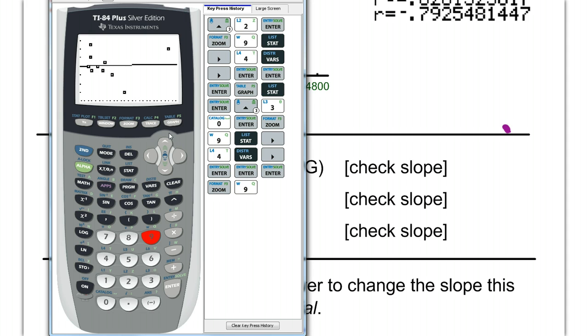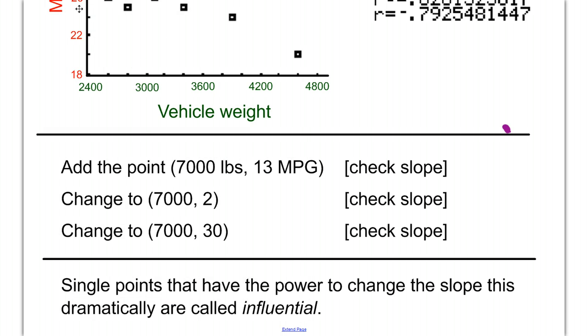It made it an almost better fit for the line by having those data values way down there. The influential point just means that if it moves, it has the power to really mess with things. So anything that's far away from the pack, even if it's on the line, would be influential. Any value that does not fit the pattern would be considered an outlier. So that's the difference between those two things.